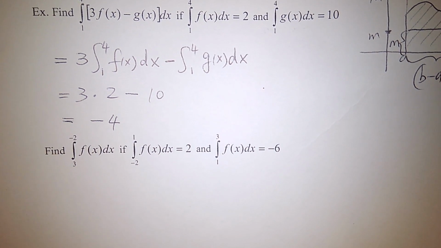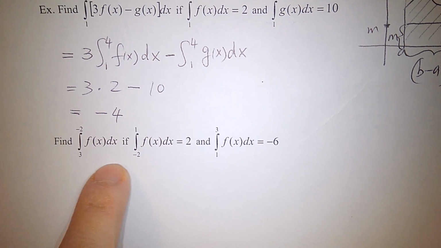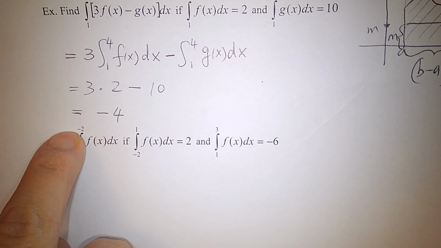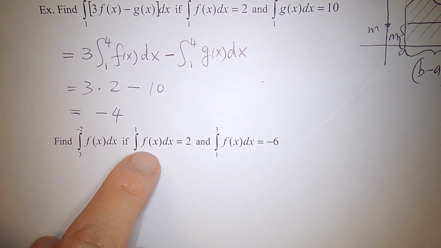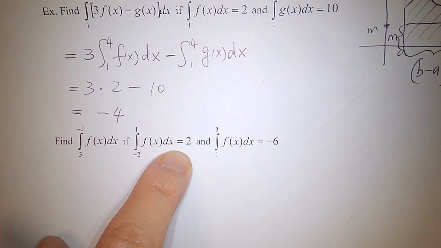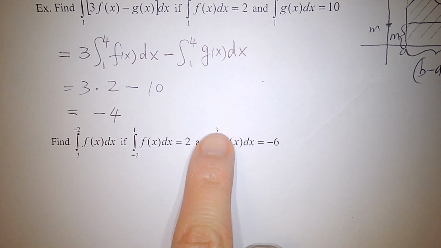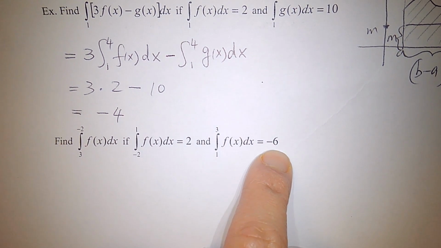Okay, the last question. Who wants to read it? Nick? The integral from 3 to negative 2 of f of x dx, if the integral from negative 2 to 1 of f of x dx equals 2, and the integral from 1 to 3 of f of x dx equals negative 6.